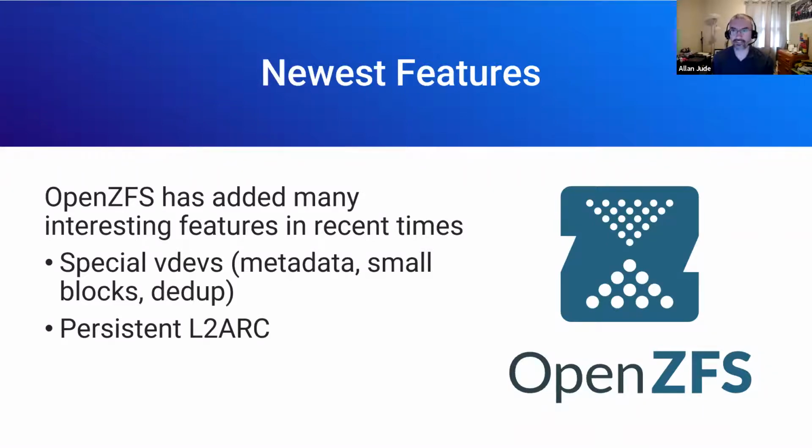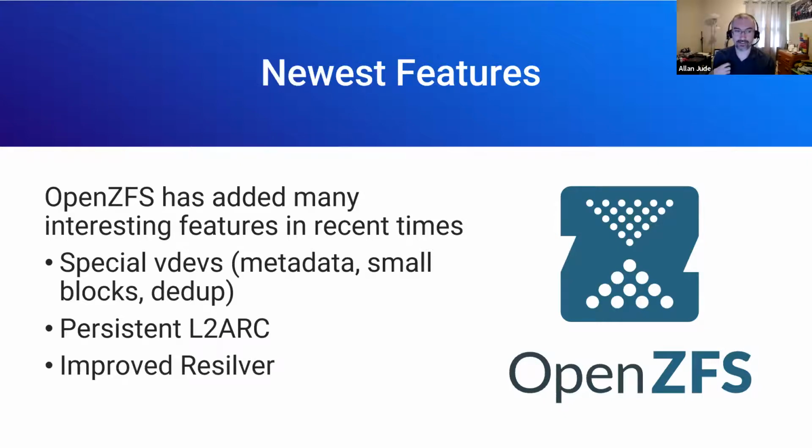So starting with OpenZFS 2.0, when your file server reboots, it no longer treats the L2ARC as empty, but is able to actually page in all of the previously written information in the L2ARC and recreate those pointers in memory, so that you maintain your cache hit ratio out of the L2ARC even through a reboot.